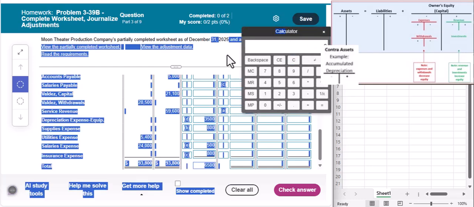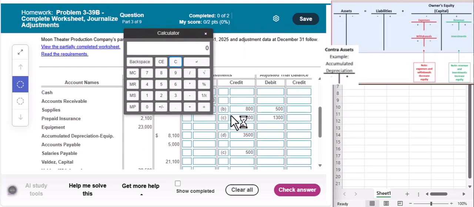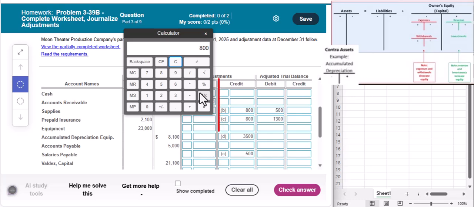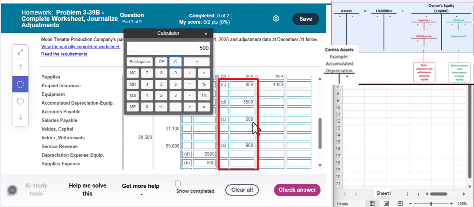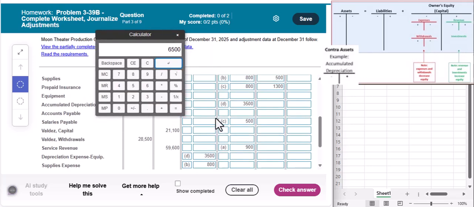Move this over. All right, so we have 800 plus 800 plus 3,500 plus 500, and then plus 900. And that is going to give us a total of 6,500 again. So that means our debits equal our credits here, and then all is well in the adjustments column.